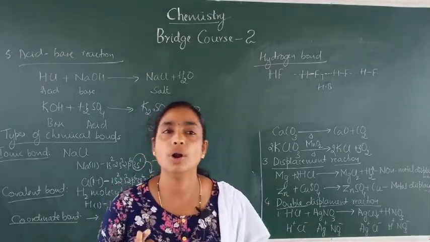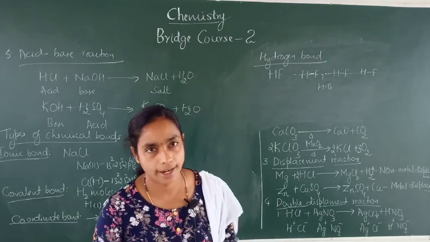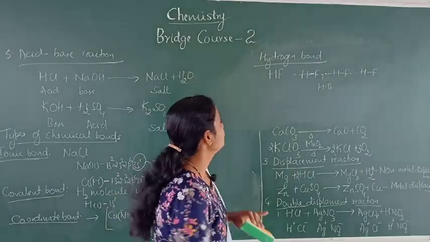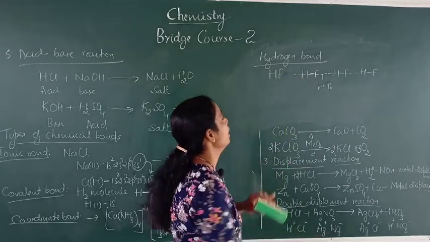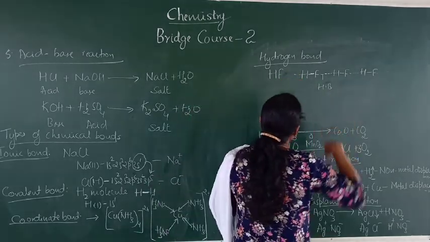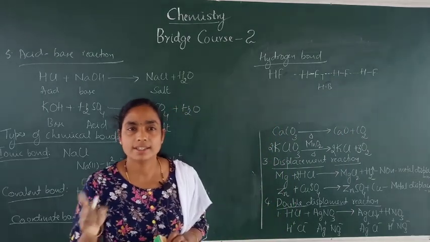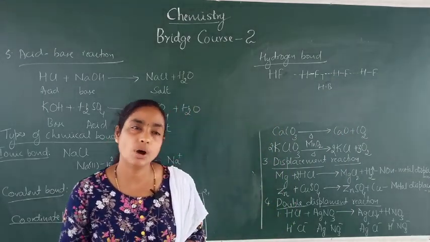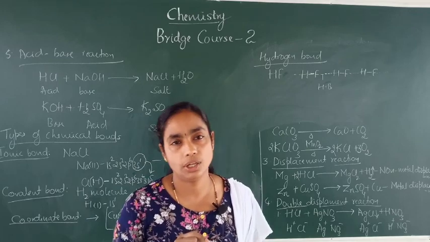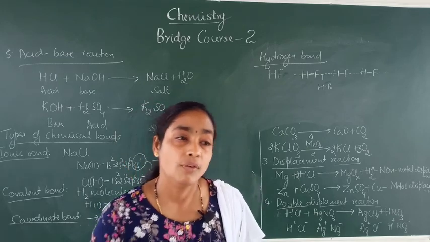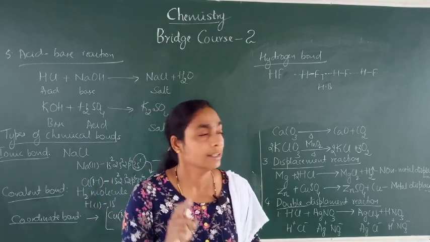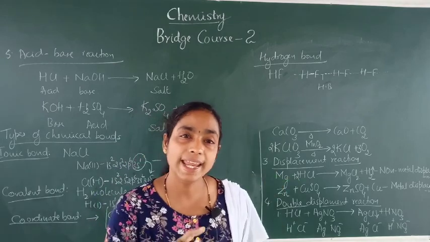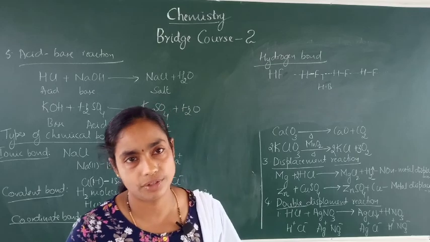There are two types of hydrogen bond: intermolecular hydrogen bond and intramolecular hydrogen bond. If the hydrogen bond is formed in the same molecule, that means within the molecule, then such hydrogen bond is called intramolecular hydrogen bond.